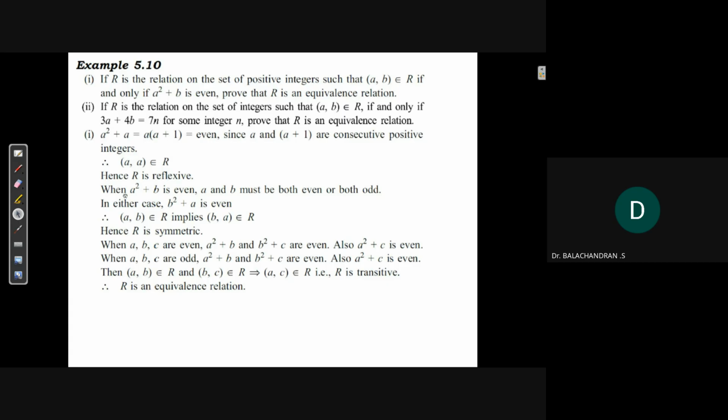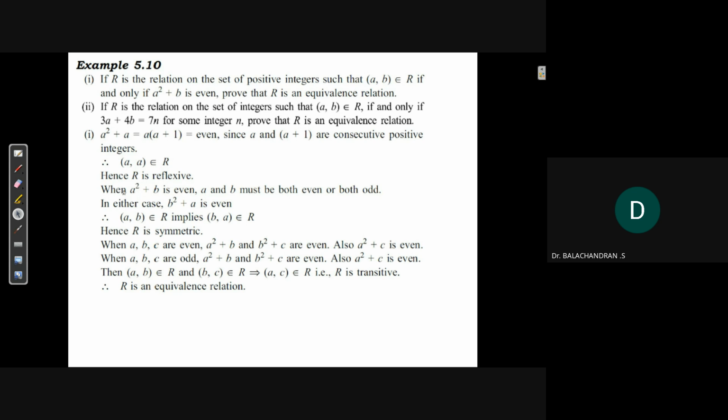Next, symmetry. For symmetry, (a, b) belongs to R, and I need to prove (b, a) belongs to R. So (a, b) belongs to R implies a square plus b is even. If a square plus b is even, then both a and b are odd, or both a and b are even, because the square of an odd number is odd, and similarly the square of an even number is even.